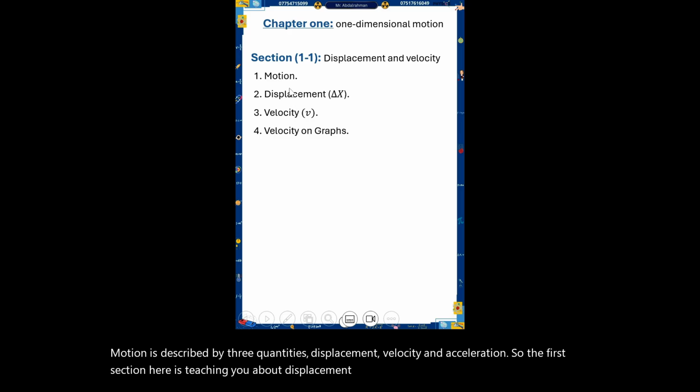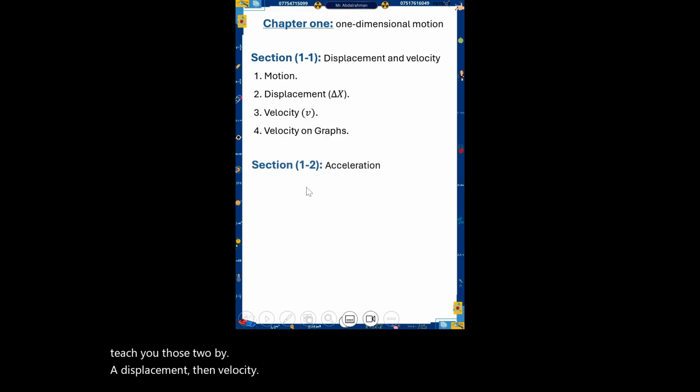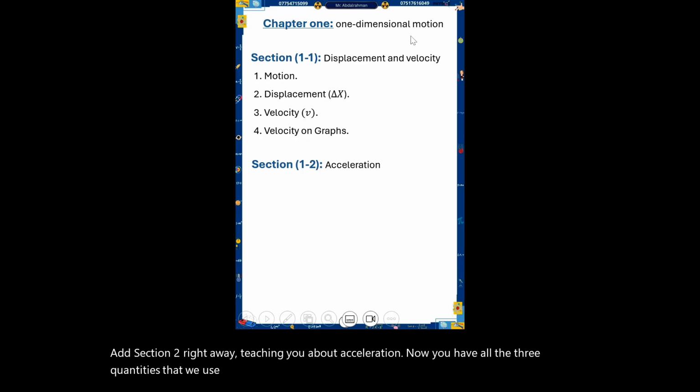And section 2 right away teaches you about acceleration. Now you have all the three quantities that we use to measure motion. So that's the understanding of the format of the book, when you know why the book is organized like that.